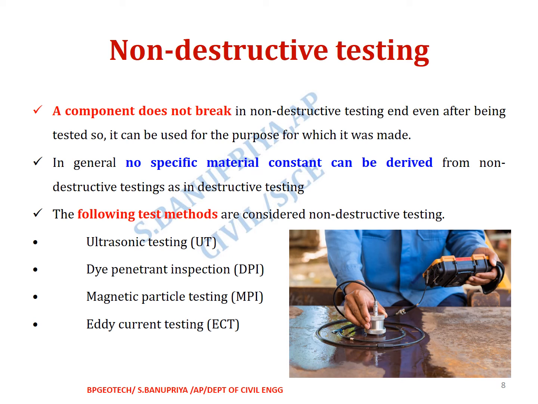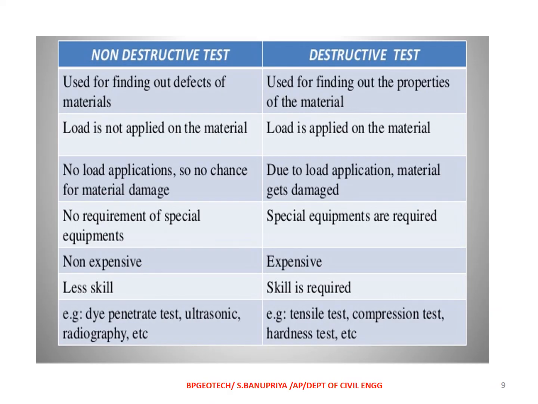You just find out the surface flaws, so there is no application of a large amount of load on it. Few examples of non-destructive testing are ultrasonic testing, dye penetration inspection, magnetic particle testing, eddy current testing. So these are some differences between non-destructive and destructive testing.